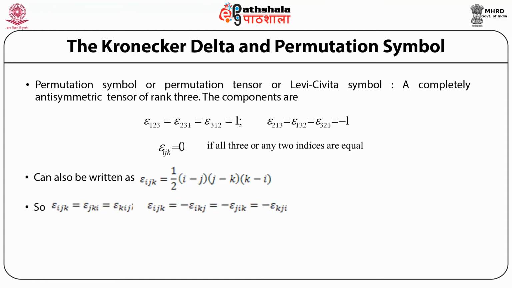So epsilon ijk equals epsilon jkl equals epsilon kij, or epsilon ijk equals minus epsilon ikj equals minus epsilon jik equals minus epsilon kji.